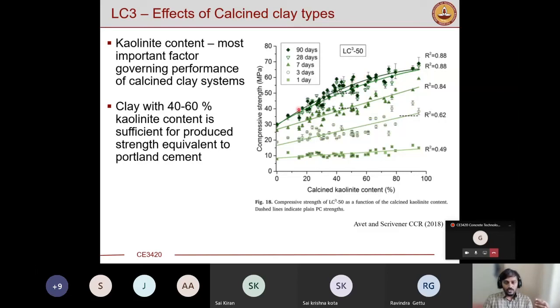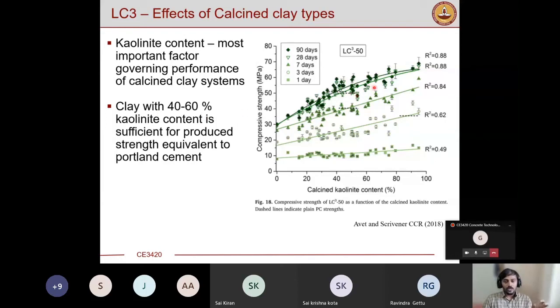So you can see the dark green points here, which is 90-day strength. Initially it rises and then it sort of flattens out, which means when you just use a much purer clay, you are not going to increase the strength much. So if it's not going to contribute to properties, why do we have to use a much purer form of clay?